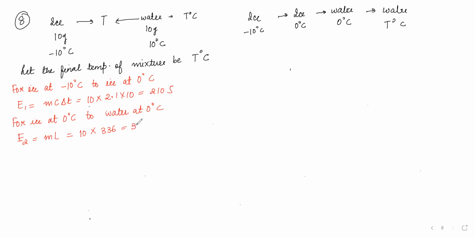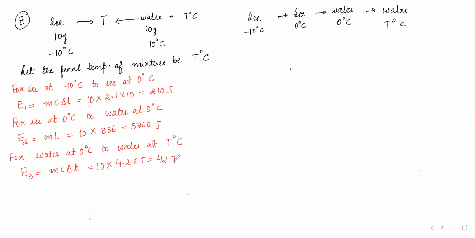So this is equal to 3360 joules. Now write for water at 0 degrees to water at T degrees, because that is what you are taking, that it is going up to T degrees. This energy will be equal to again MC delta T. So M is 10, specific heat capacity of water is 4.2, into T. So this is 42T.